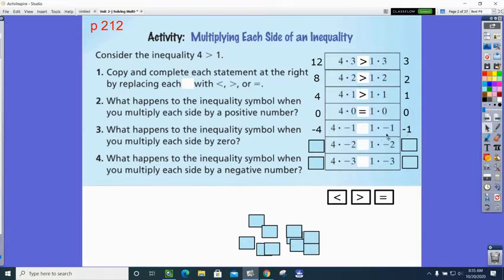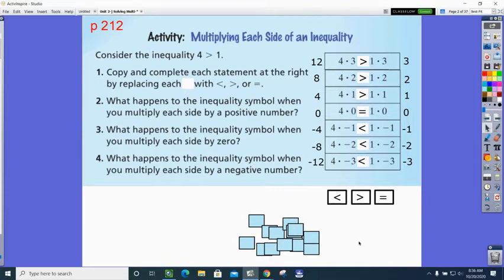Remember that the negatives go in the opposite direction, and we have just seen the inequality flip. 4 times negative 2 is negative 8. 1 times negative 2 is negative 2. And again, negative 8 is less than negative 2. 4 times negative 3 is negative 12, and 1 times negative 3 is negative 3. And again, we see that it's less than.